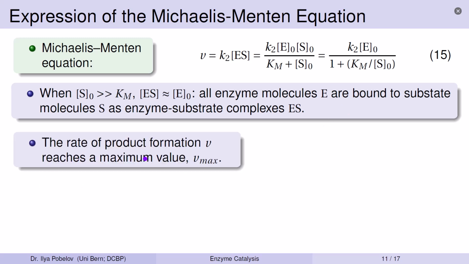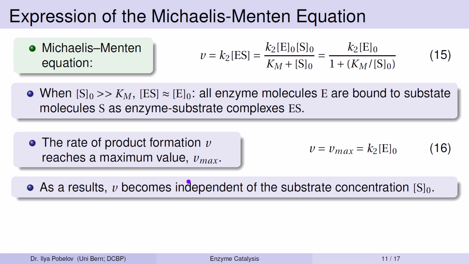Consequently, the rate of product formation reaches a maximum value, Vmax. This is indicated by the following expression for the rate. V equals Vmax, that is equal to k2 times the concentration of E0. As a result, the product formation rate becomes independent of the substrate concentration.